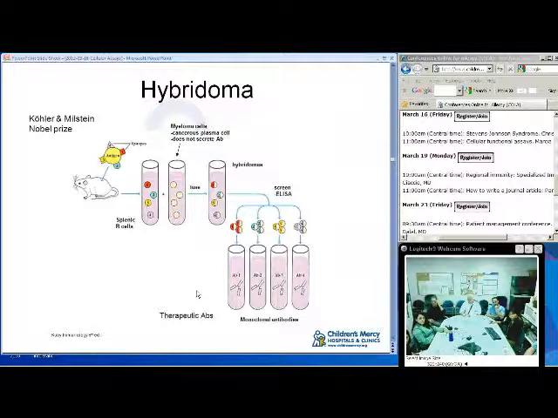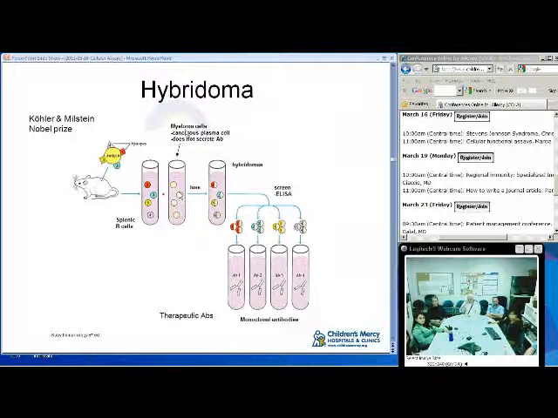Now with the hybridoma, and I think Dr. Barnes has probably gone through this with you, or will go through this with you, Kohler and Milstein won the Nobel Prize for the development of the hybridoma. This is kind of an oversimplification of how one develops the hybridoma. But basically you immunize a mouse with your specific antigen. Then you isolate splenic B cells from that mouse.